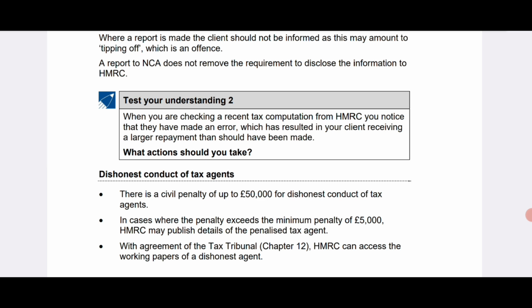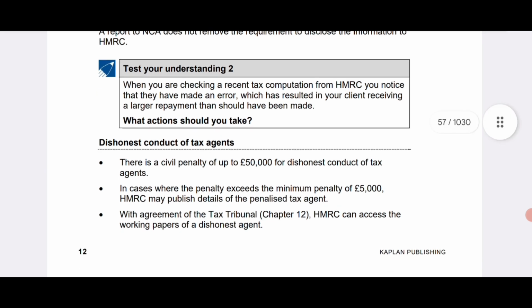This is understood when you achieve that target, so you should behave like a professional. Next is the dishonest conduct of tax agents. There are several penalties, such as 50,000 for dishonest conduct of tax agents in cases where the penalty exceeds that. These are the things you need to go through.